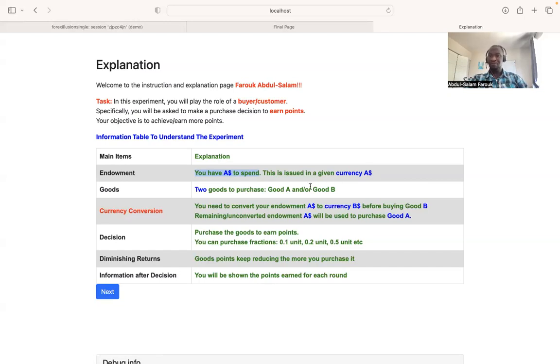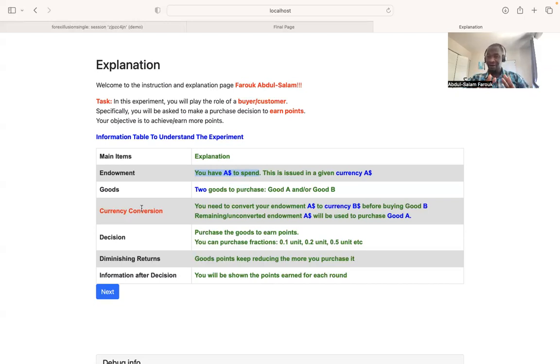Now you'll be tasked to purchase two goods. Either you prefer to purchase good B or good A, or the combination of good A and good B is up to you. Whatever you think will fetch you the highest points, you just go for it. Now this is where the difference comes in.